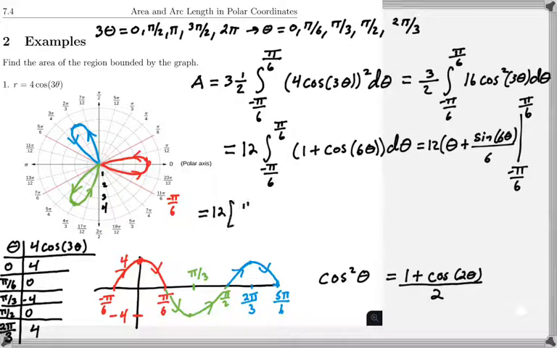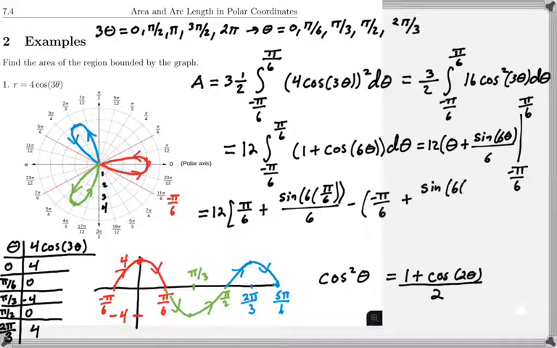So it's going to be equal to 12 times the quantity pi over 6 plus the sine of 6 times pi over 6, all over 6, minus the quantity negative pi over 6, plus sine of 6 times negative pi over 6, all over 6.